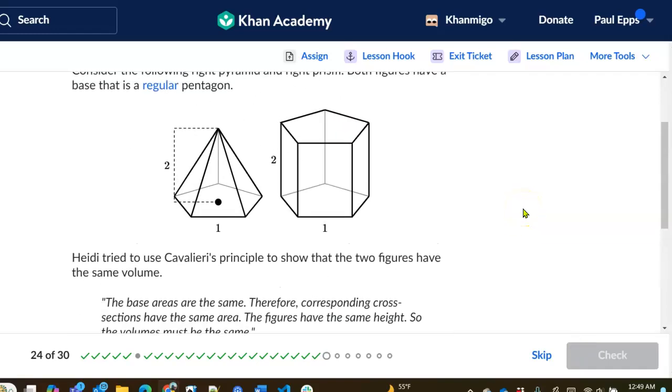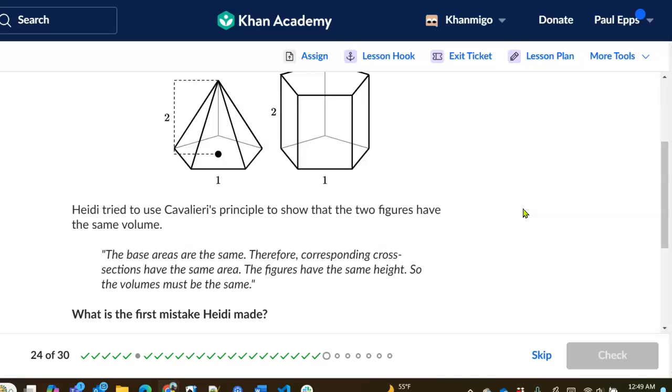Heidi tried to use Cavalieri's principle to show that the two figures have the same volume. The base areas are the same. Therefore, corresponding cross sections must have the same area.